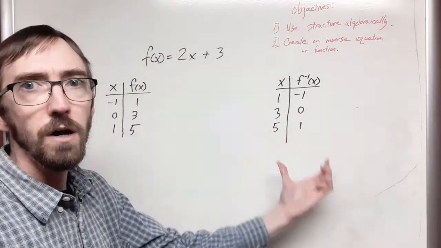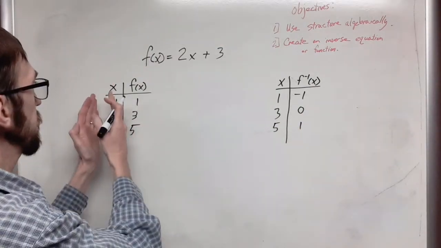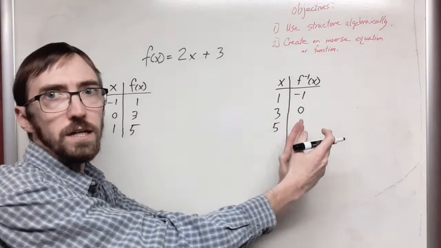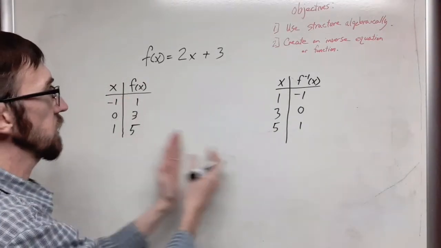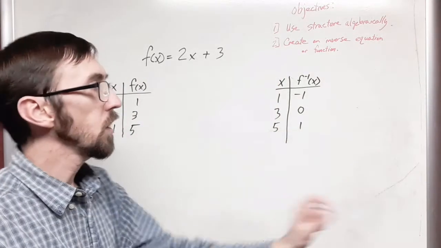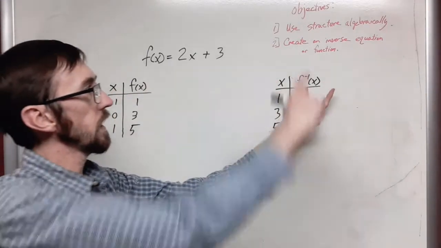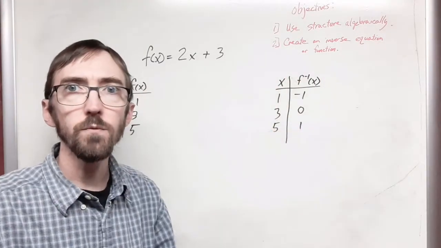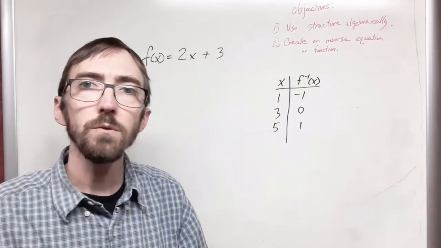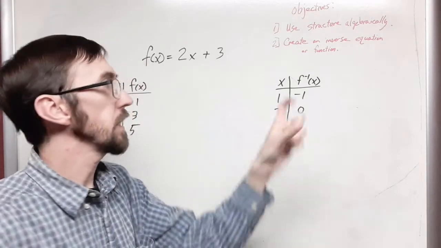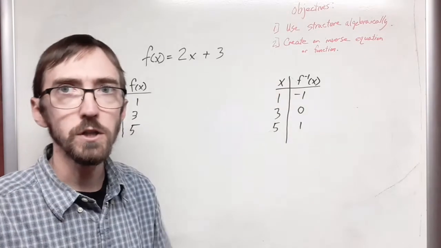So here is my mirror. Everything that was in the first column is in the second column over here. Everything that was in the second column here is in the first column here. Also, notice my notation. The f of x that I had here has this exponent of -1. That is the convention that we use for denoting that this is an inverse function.